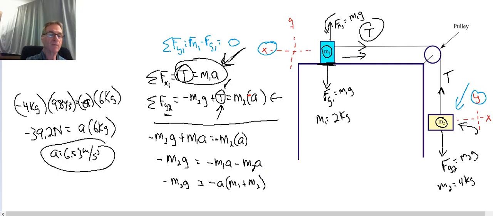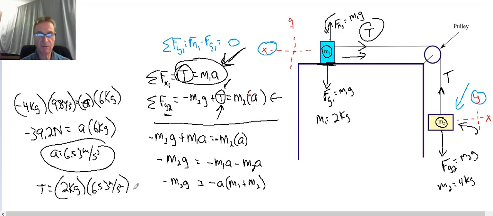So T is equal to m1, which is 2 kilograms, times A, which is 6.53 meters per second squared, and 2 times 6.53 is just about 13 newtons. So that would be the tension in the rope. The tension in our rope is about 13 newtons between those two objects.